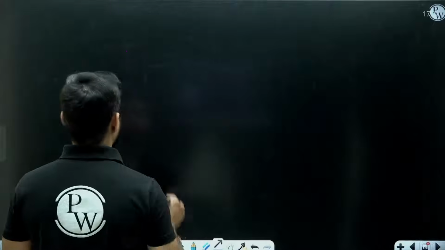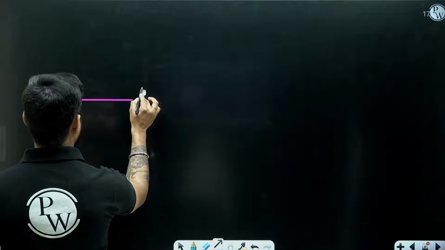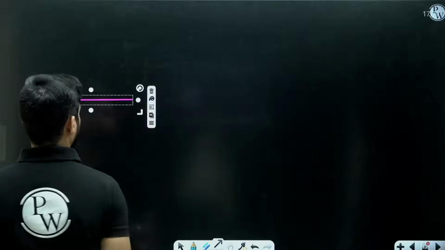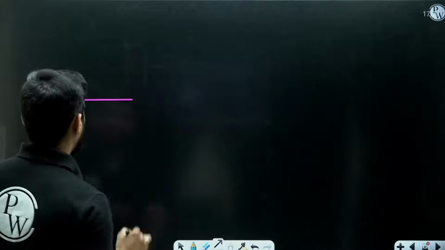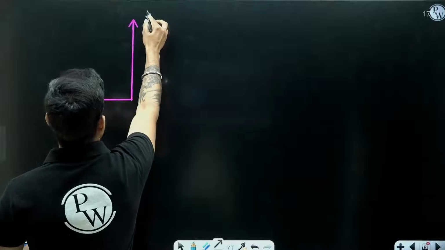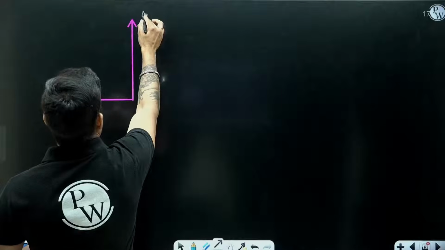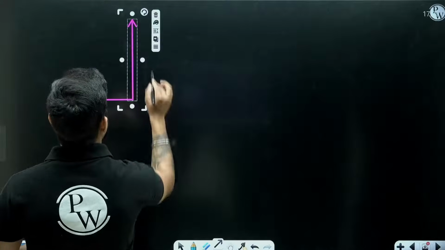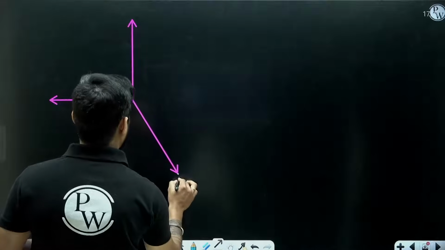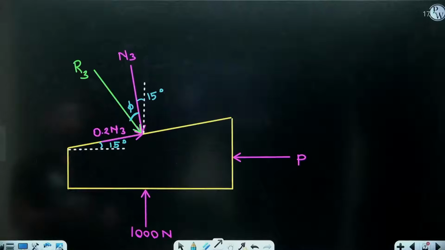P horizontally towards the left, then 1000 Newton vertically upwards, and you have R3, which is making phi plus 15 degree with vertical.